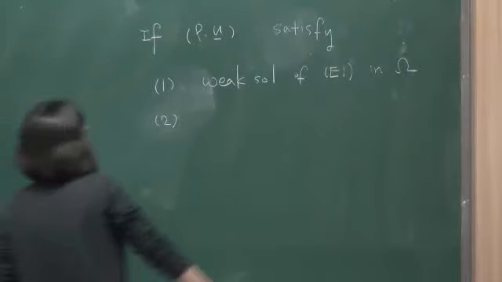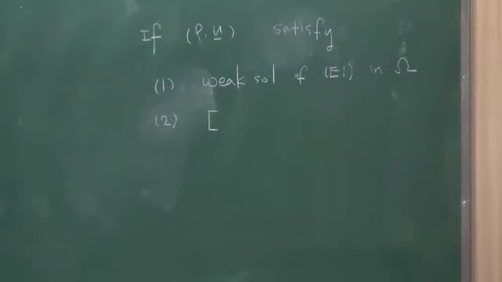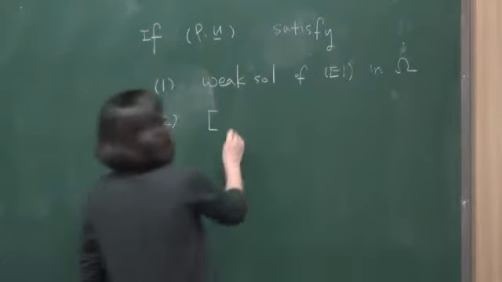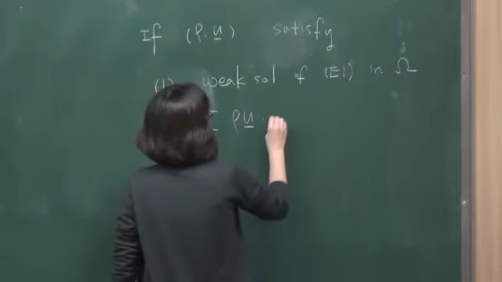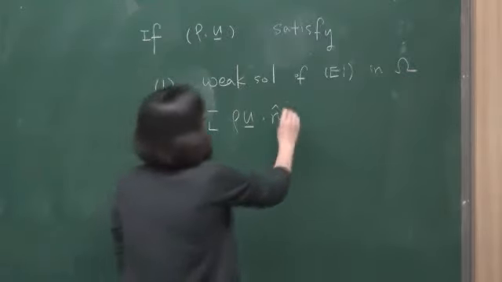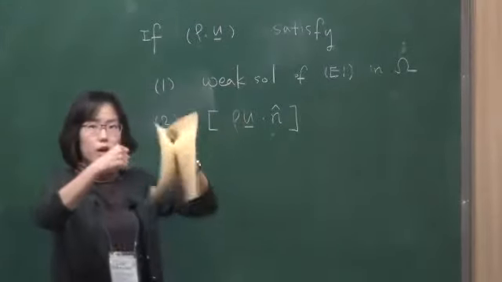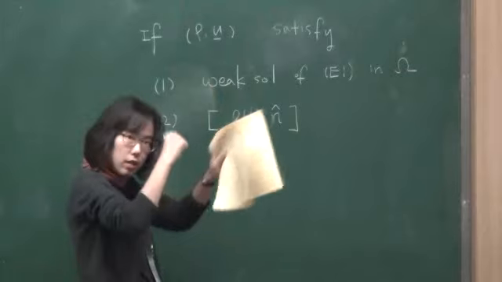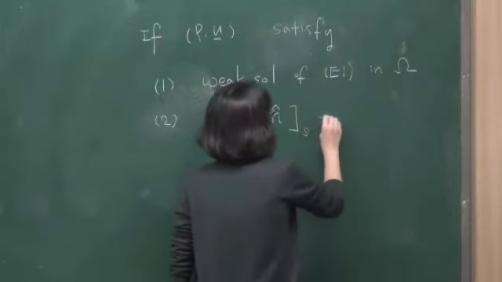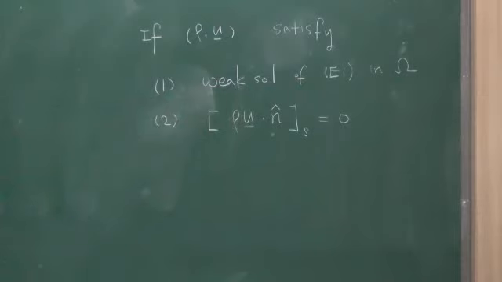Now, let me use a symbol just to simplify the argument. I'm going to use this difference of the quantity as a bracket. So if I say rho u, where here n is the unit normal vector on this surface S, if I say bracket, that means that I take the difference of this from both sides. They have a jump. We expect the jump on S equals 0. So which means that if this guy is 0, this guy is 0.